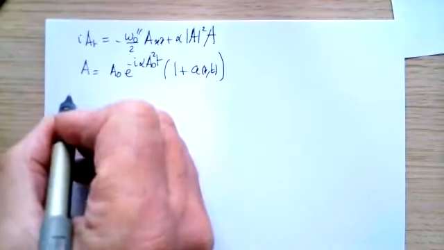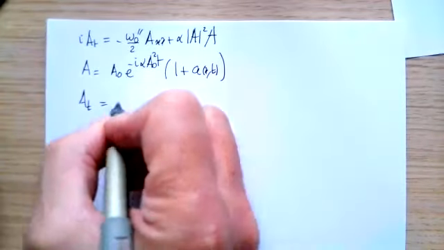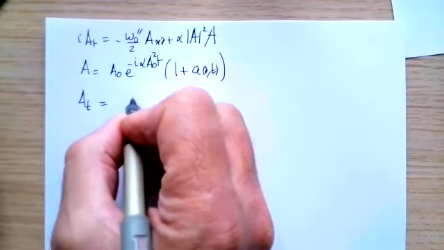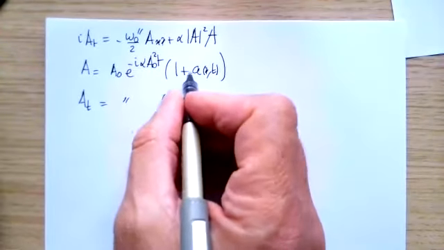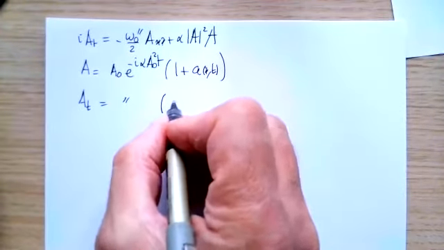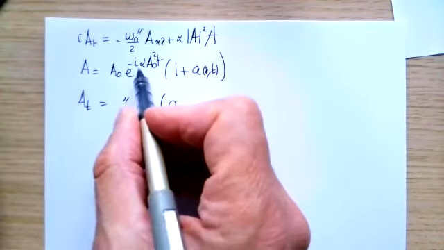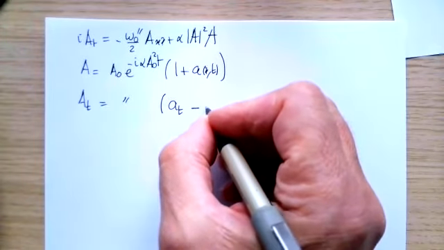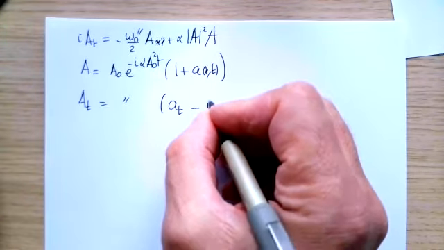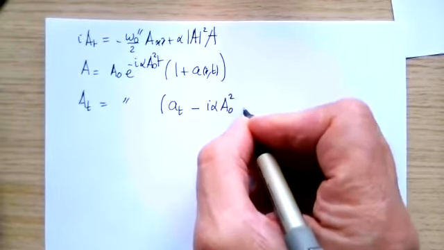So for instance, when we have A_t equals the same guy here times, there will be a term which is a_t for the derivative of this guy, but also when you derive this guy, you will have minus i alpha A naught square times a.